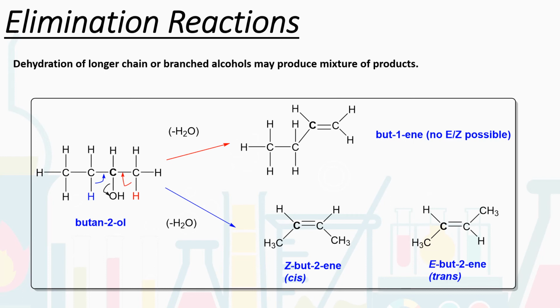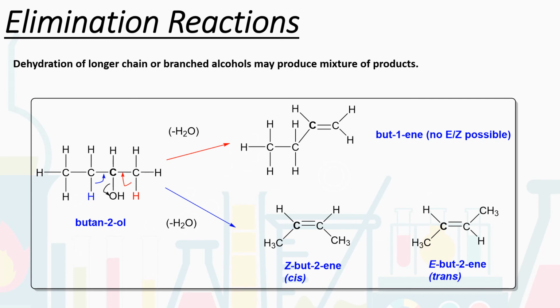And so we can lose the water either by using the red hydrogen atom on the right, an arrow going from our CH bond to the CC bond to show the formation of the double bond, and then our carbon has too many bonds, so we have to kick off the OH group, an arrow starting at the CO bond and ending up at the oxygen. Or we can take the blue hydrogen on the left-hand side and do exactly the same arrow pushing.